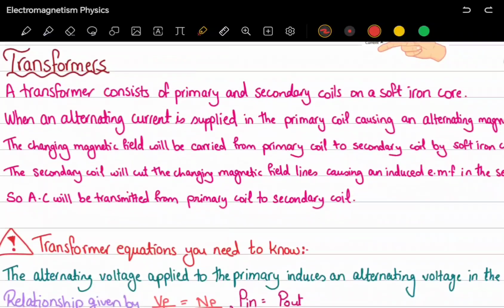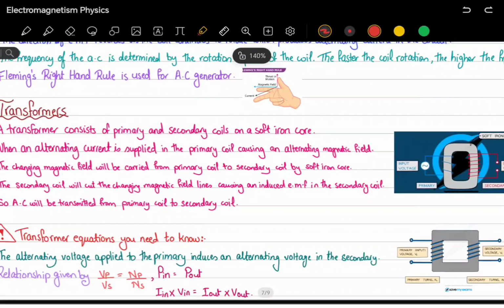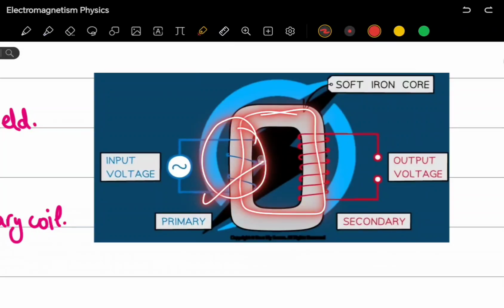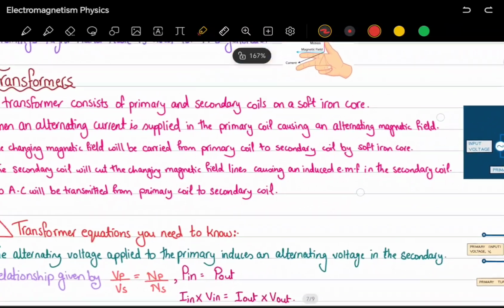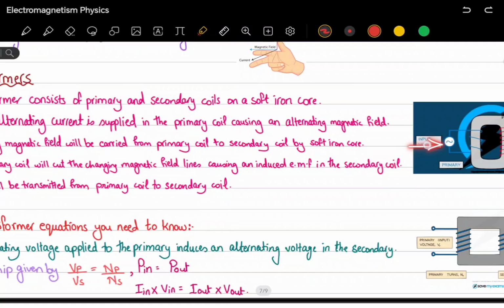Moving on to transformers. A transformer consists of primary and secondary coil on a soft iron core. So here we have a soft iron core, and here we have a primary coil and a secondary coil. When an AC current is supplied to the primary coil, this will cause an alternating magnetic field in the primary coil.